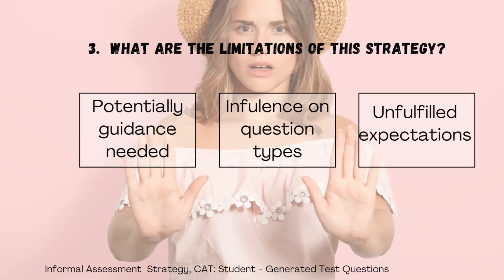And finally, instructors must maintain honesty and clarity in their communication with students to ensure that student expectations are met. If we say that the questions will be on the test, then we should provide these questions on the test.